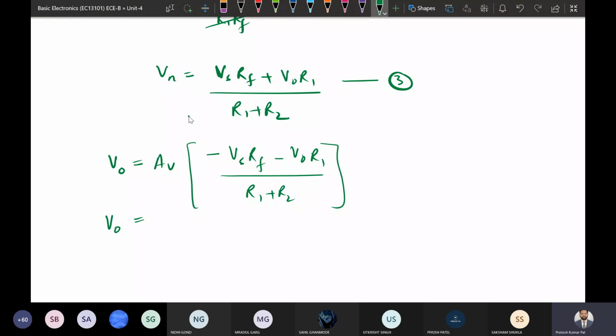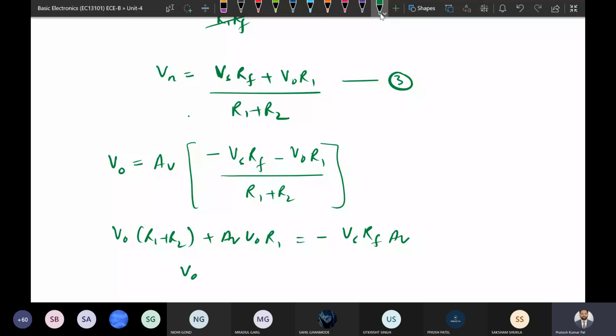So from there we will separate V0, and in one step, solving it, it will be V0 R1 plus R2, and this V0 will be plus AV V0 R1 is equal to minus Vs Rf AV.